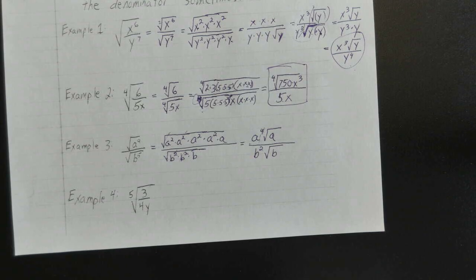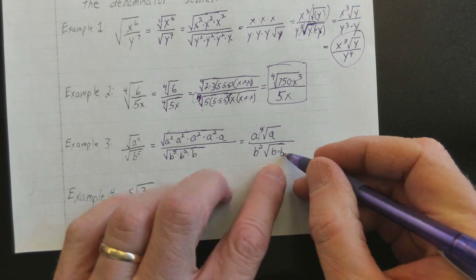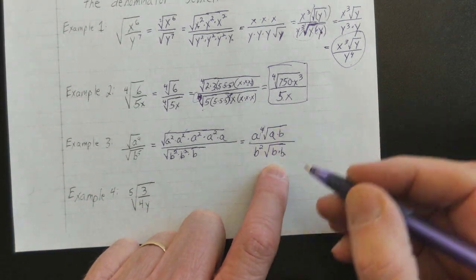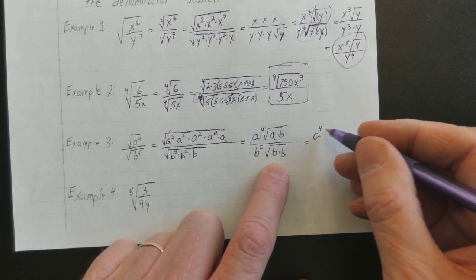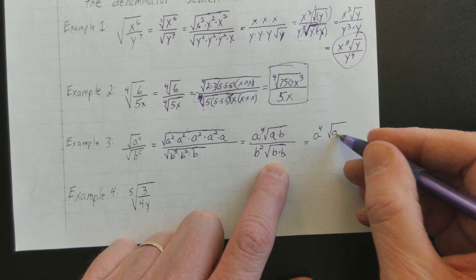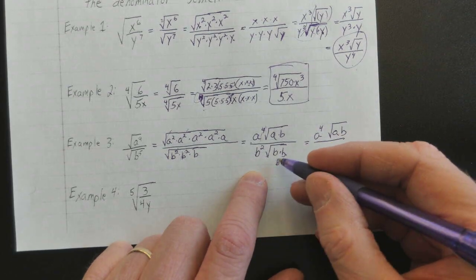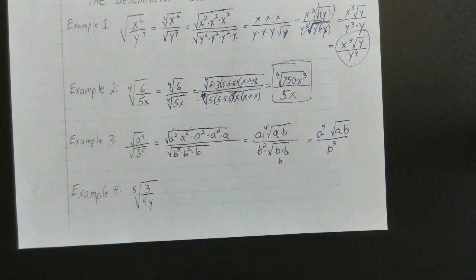What do I need? Let's put another b in. Yes, exactly. But if I put a b here, what do I have to do? Put a b here. Okay? So that's a to the 4th square root of ab. And this is square root of b squared is b, right? B to the 2nd times b to the 1st. That's b to the 3rd. Are we good there?